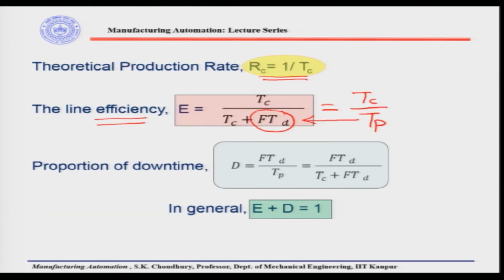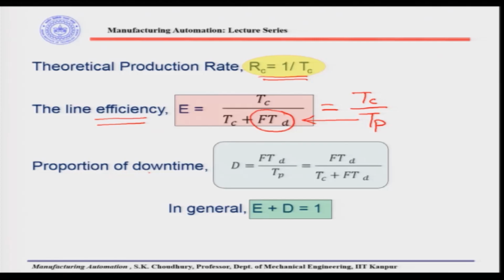So, we know the theoretical production rate, we know the line efficiency, and then the proportion of downtime. Proportion of downtime means for how much time the line is down. Here we are not calling it the machine, because a line consists of several machines, they are integrated, okay, and they are integrated with the material handling device.